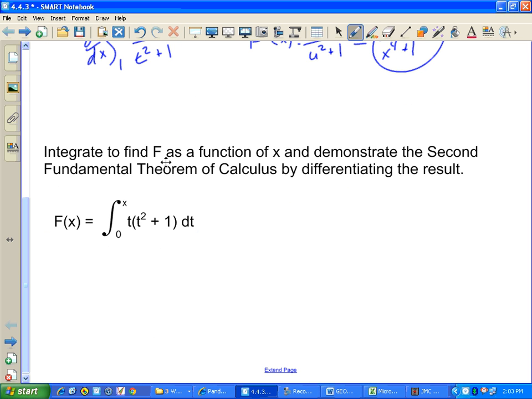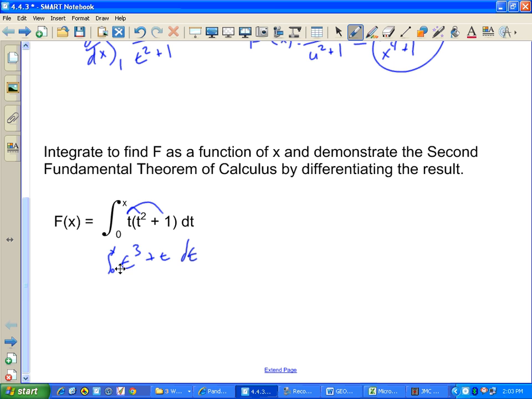Another way we can use the second fundamental theorem of calculus is we can integrate using our regular integration rule to find what this function actually is in terms of x, and then we can differentiate to check our result. So if I use my actual rules, I'm going to distribute this t here. I'm going to integrate this from 0 to x.